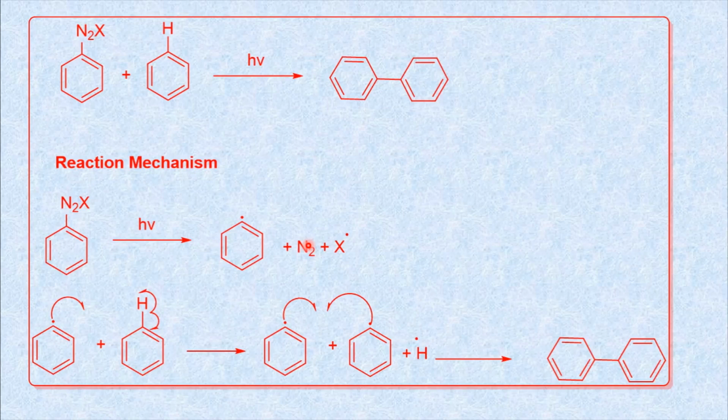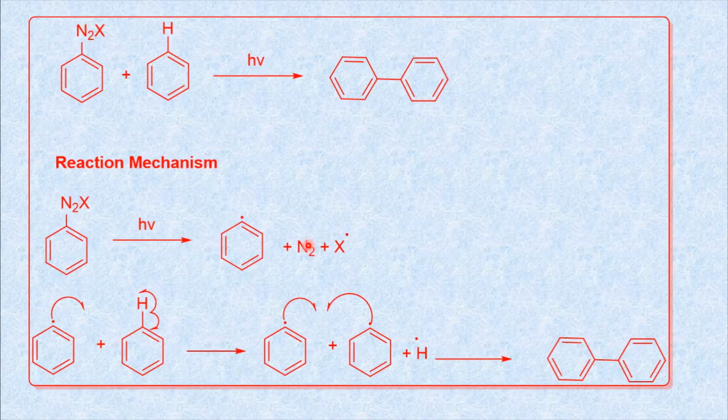There are some generalizations that have been made regarding the reactivity of aromatic substrates. All the substituents increase the reactivity at ortho and para positions as compared to that of benzene.